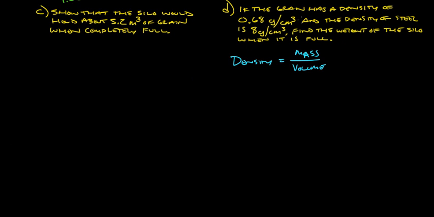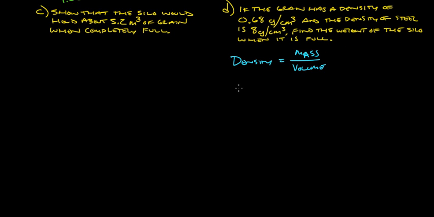So if the grain has a density of 0.68 grams per centimeters cubed, and the density of steel is 8 grams per centimeters cubed, find the weight of the silo when it's full. Alright, so let's first figure out how much all the grain is going to weigh, because that's what we're looking for, is weight.